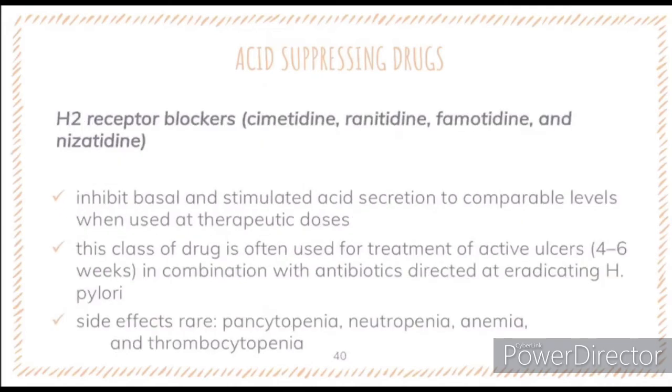We also have the histamine receptor blockers, which inhibit the basal and stimulated acid secretions to comparable levels when used at therapeutic doses. This class of drug is often used for treatment of active ulcer in combination with antibiotics directed at eradicating H. pylori. The side effects of this are the following: pancytopenia, neutropenia, anemia, and thrombocytopenia.